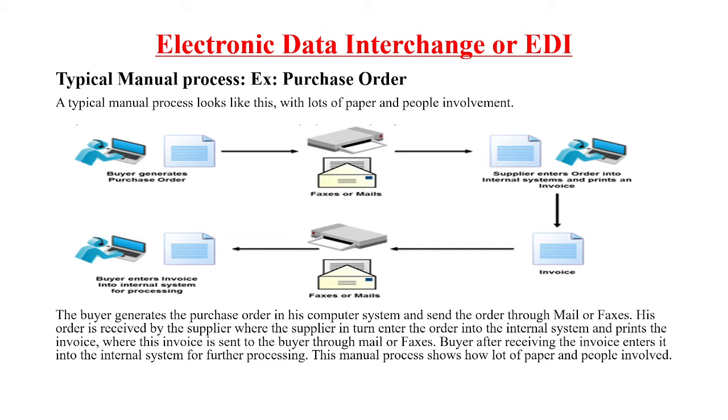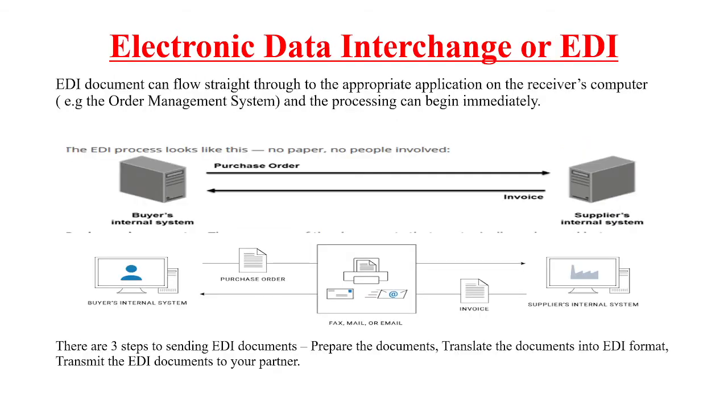This manual process shows how much paper and how many people are involved in this small purchase order process. In order to overcome this usage of lots of paper and remove the involvement of so many people, we use EDI. Now let us see how EDI works. When you look at the picture, in the EDI process there is no paper and no people involved.